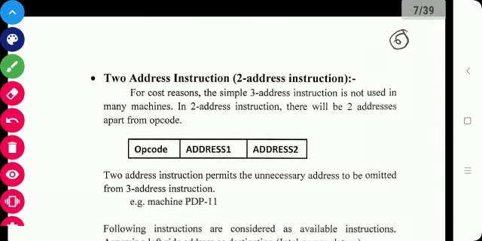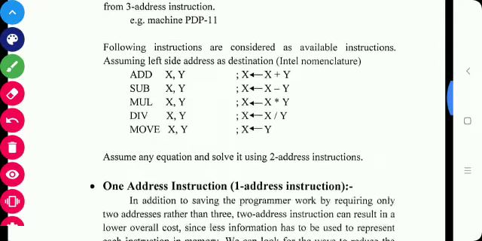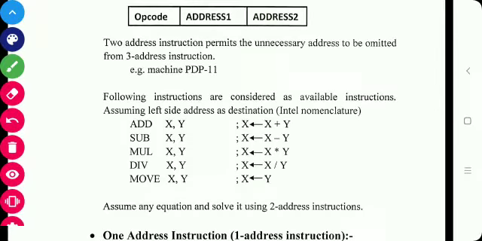Then 2 address instructions. For the cost reason, these 3 address instructions are not used in many machines, so 2 address instructions are introduced, in which there are only 2 addresses. So the syntax is first opcode, then address 1 and address 2. So an example of this is add x, y.